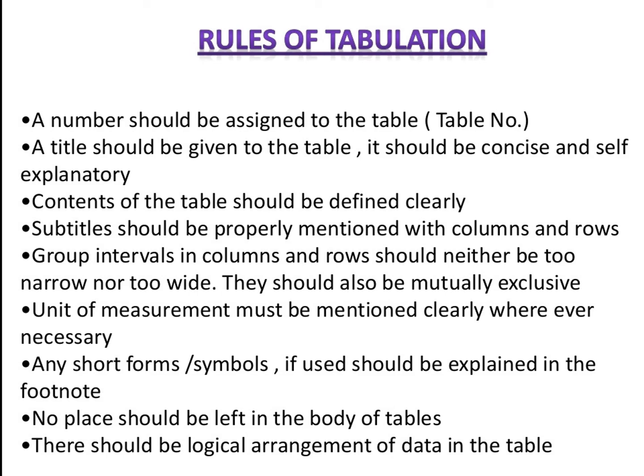A footnote is generally present at the end of the table, and indicates if the table has any short form or symbol. For example, if we compile all the data in round figures, we can mention in the footnote that the complete table is presented in round figures. No place should be left blank in the body of the table. There should be logical arrangement of data in the table.